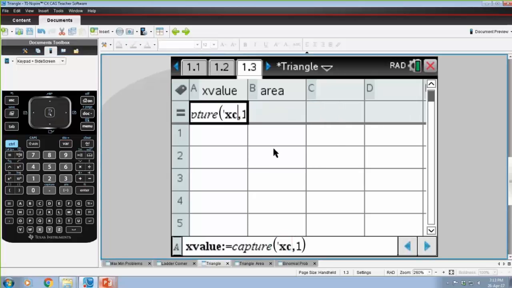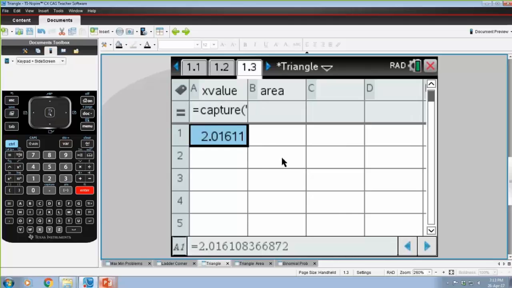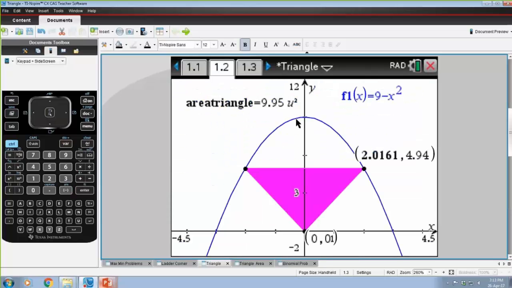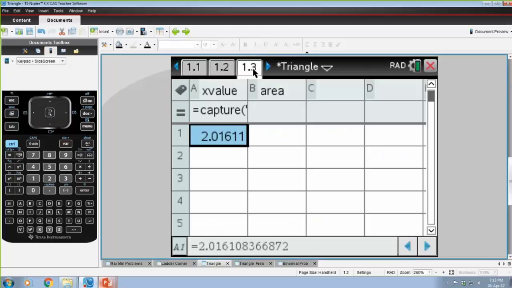Notice it's got a little quote in front of it. I think that's just referring to it not being column xc or something like that. So pressing enter, notice I've got one value in there. That value, 2.061, if we look back at my diagram, happens to be the x value that I've got. So this data capture is a very nice little feature that we're going to be using.